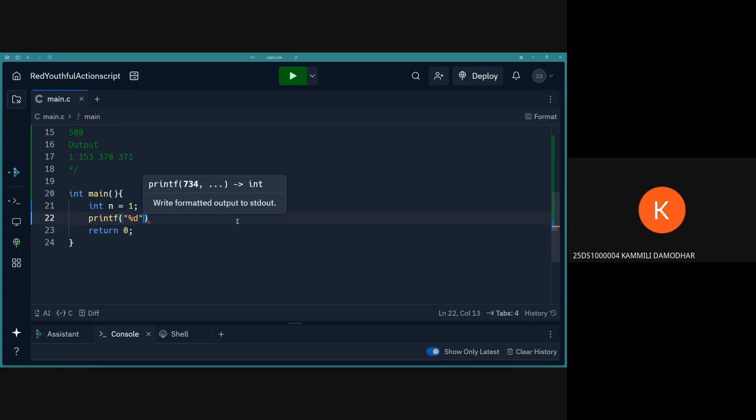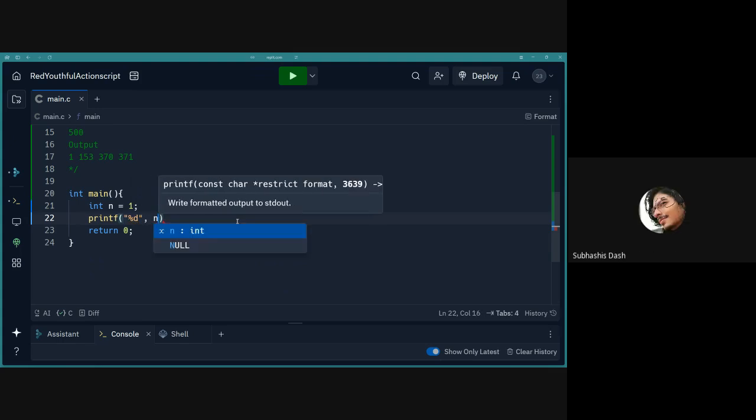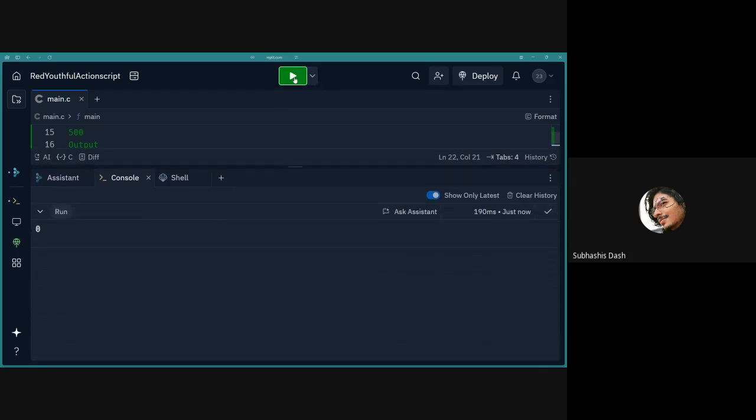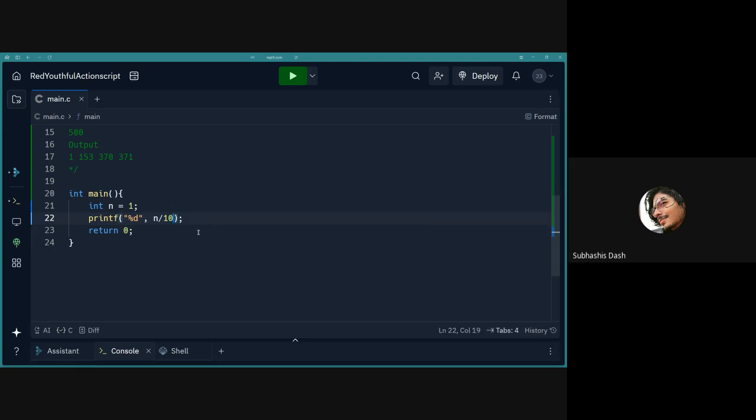Everything is fine, sir. Somewhere. So n by 10, if we print it, what will it give us? Yeah, it gives us 0. So that part is fine.